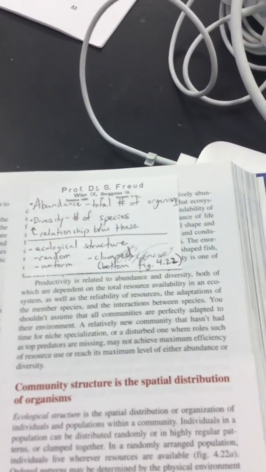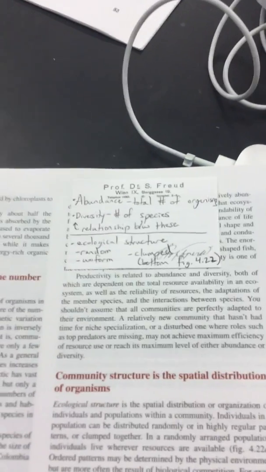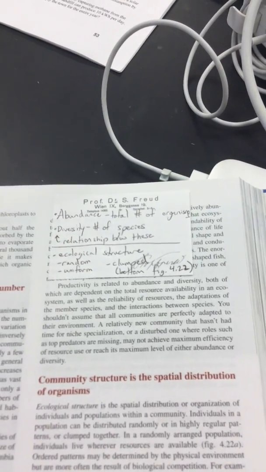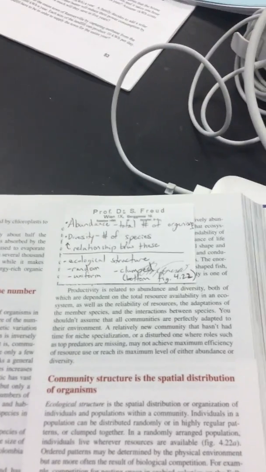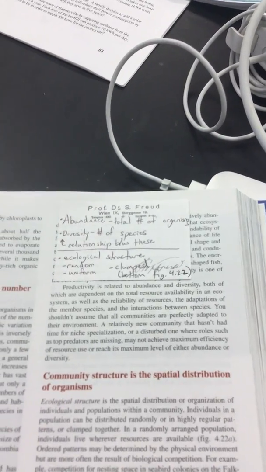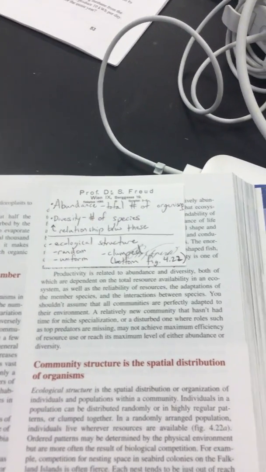So if there are 10 different species in an area, you might only have 5 members of each species. If one species has 50 members, you might have low diversity and only 2 or 3 different species. So having higher diversity usually means having less of a specific organism in that habitat.